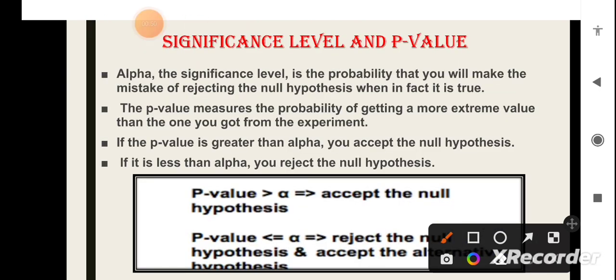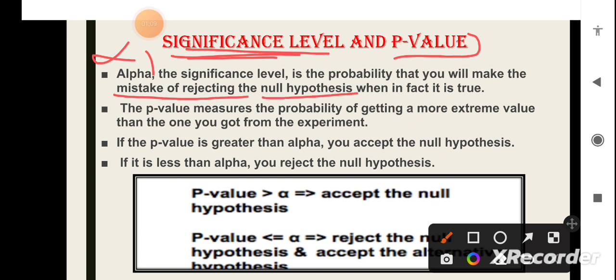Now let's know what is significance level and p-value. This significance level is also known as alpha or p threshold, and it is the probability that you will make the mistake of rejecting the null hypothesis when it is true. So it is talking about the H naught, that is the null hypothesis, and the error that we are going to make is the alpha error, that is type 1 error.